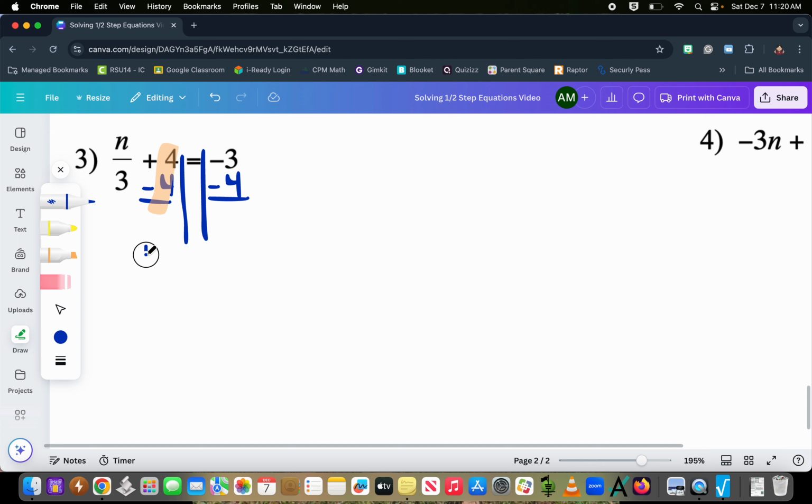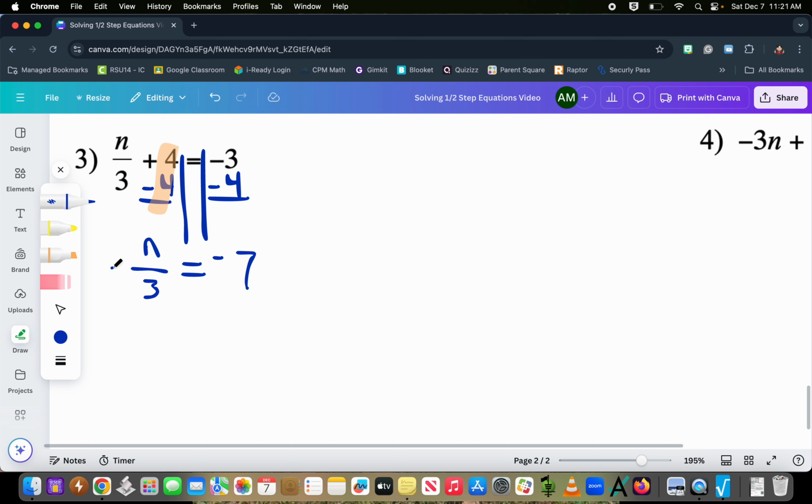So I can rewrite now this one as n over 3 equals, paying close attention to our signs, negative 3 minus 4. So they have the same sign, so we're going to find the sum. Same sign sum. So 3 plus 4 is 7. In this case, they're both negative, so it's going to be negative 7. Last step, one-step equation, n divided by 3.